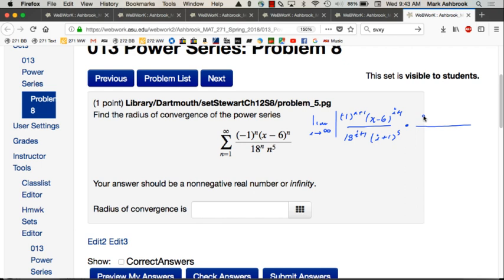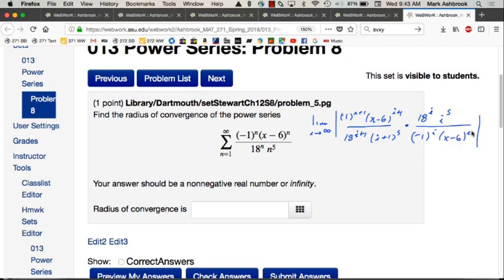This is going in the wrong direction. 18^i i^5 over (-1)^i (x - 6)^i.